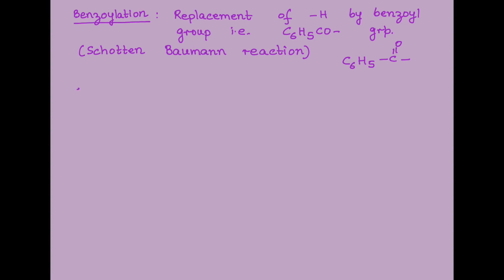Easiest method. So we will have C6H5OH, our phenol, reacting with benzoyl chloride, C6H5C double bond OCl, negative, positive, negative, positive. Remember, we are doing the reactions of OH group, correct? So can you form the box?